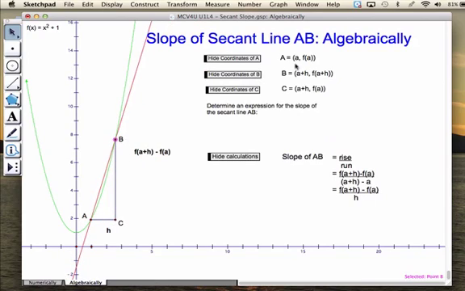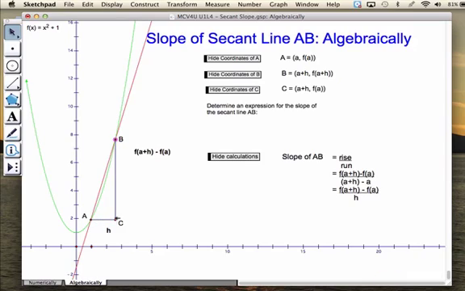But instead of representing A with an X and a Y, I'm saying A can be at any point I'm interested in. I'm going to call this lowercase a. Then the Y part of that coordinate is whatever I get when I sub a into the function. So f at a.